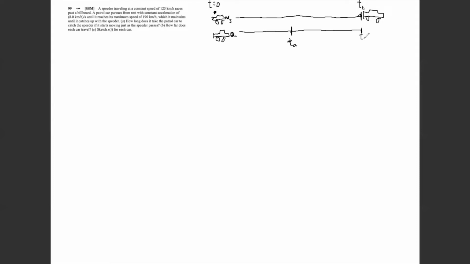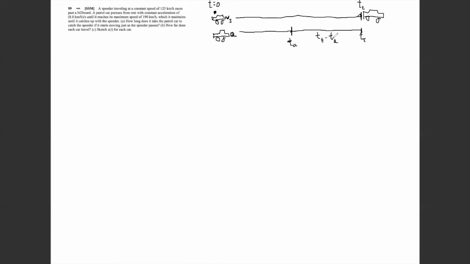So the time from 0 to TA is TA, whereas the interval of time from TA to TT would be time TT minus time TA.